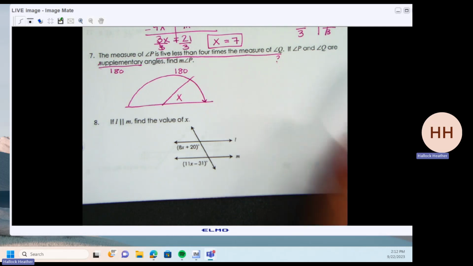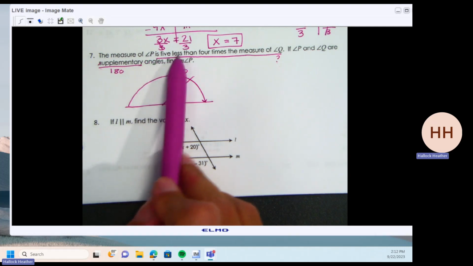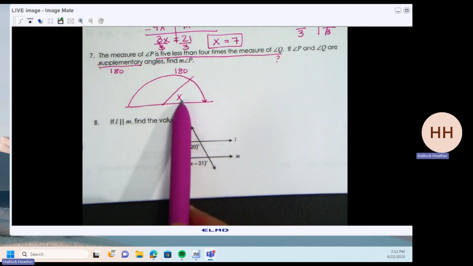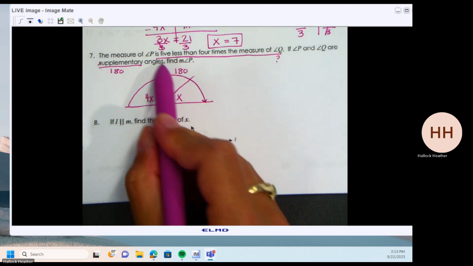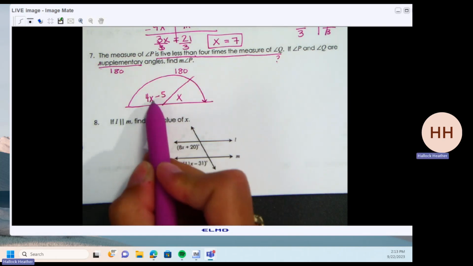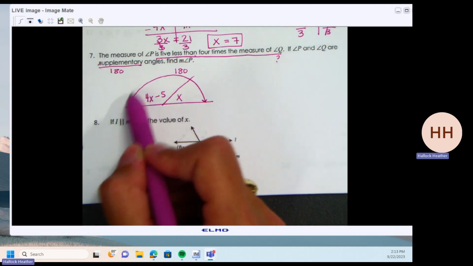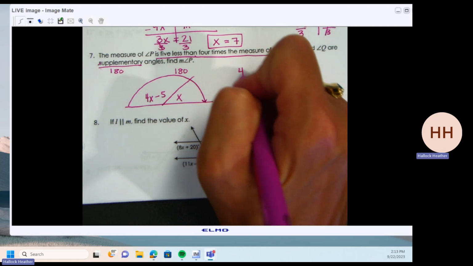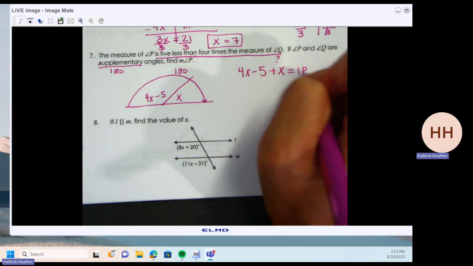Comparing the larger angle to the smaller angle, P is 5 less than 4 times this amount. 4 times something is 4x, and 5 less than that is minus 5. The other angle I know nothing about, so I just called it x. Together, they are supplementary, so I'm going to do 4x minus 5 plus x equals 180.